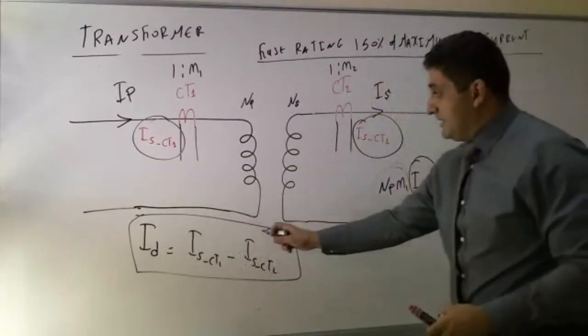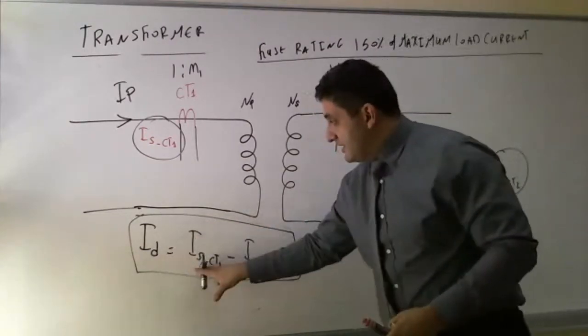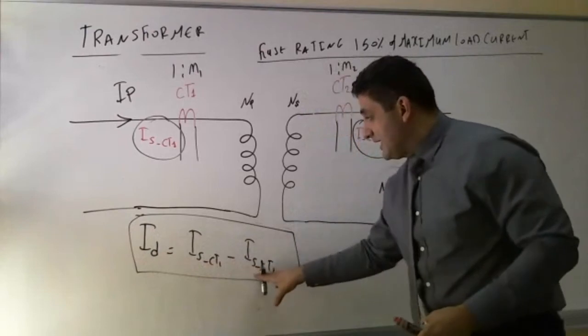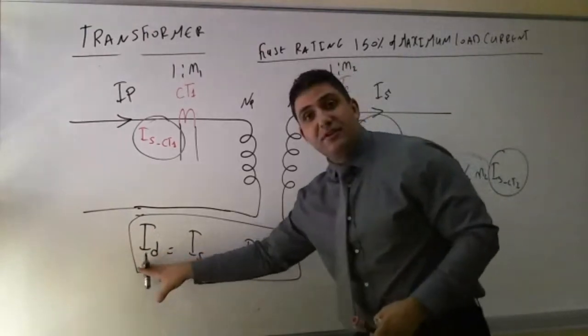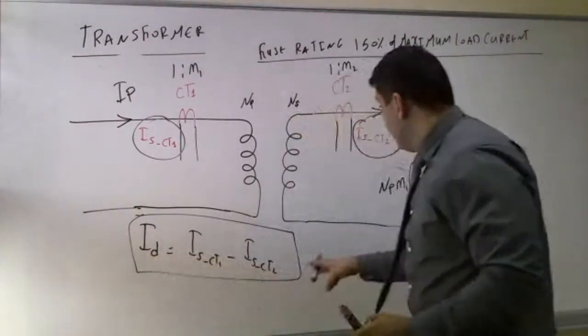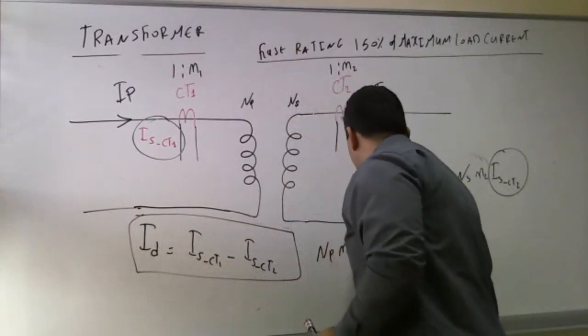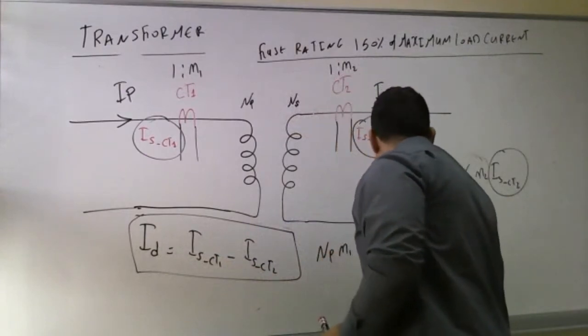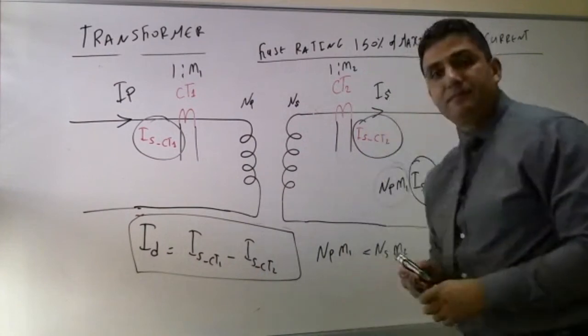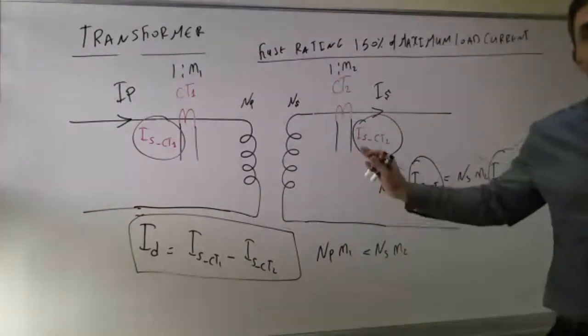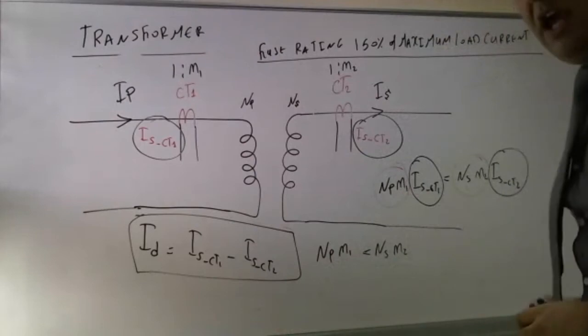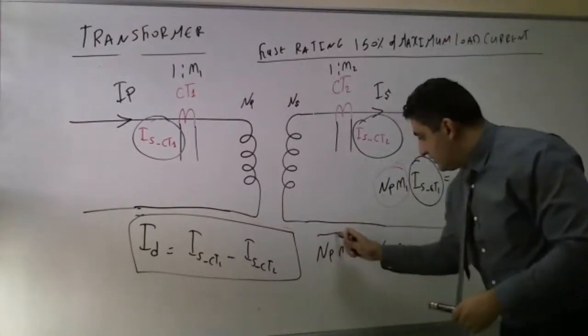You must make sure that this equals this. Secondary of CT1 must equal secondary of CT2 for ID to be 0. Therefore, I have now N primary N1 equal to N secondary N2. This would be a perfect scenario if I can achieve this relationship.